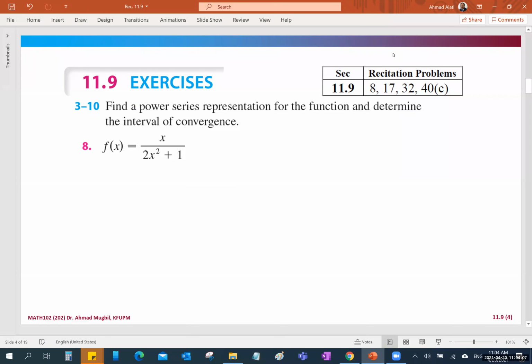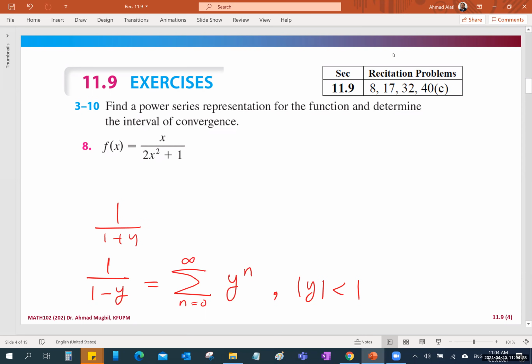Remember your tool, Shabab. The tool that we have is 1 over 1 minus y equals the sum from n equals 0 to infinity of y to the power n. Here the absolute value of y must be less than 1. Of course, if it is plus, it is the same: 1 plus y.